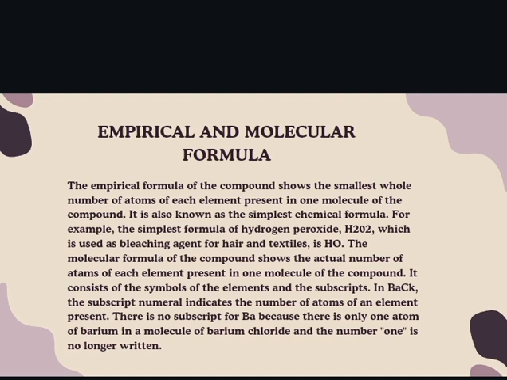Empirical and molecular formula. The empirical formula of the compound shows the smallest whole number of atoms of each element present in one molecule of the compound. It is also known as the simplest chemical formula.